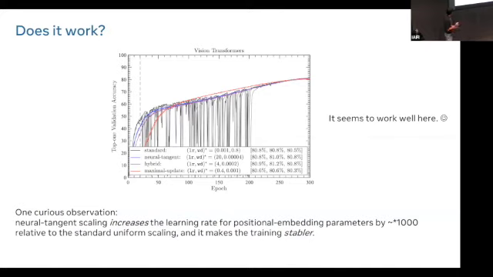One curious observation is that if you plug in a bunch of numbers with this optimal hyperparameter, what neural tangent scaling is doing with respect to standard parameterization is actually increasing the learning rate for the embedding and positional embedding by a factor of 1,000, which intuitively seems like it would destabilize the training, but actually in this case stabilizes the training, which is an interesting thing to observe.